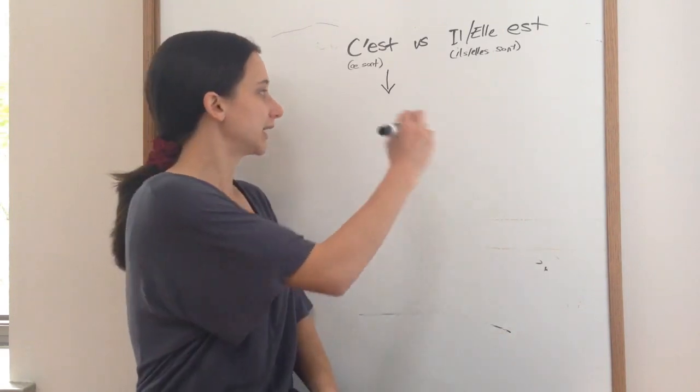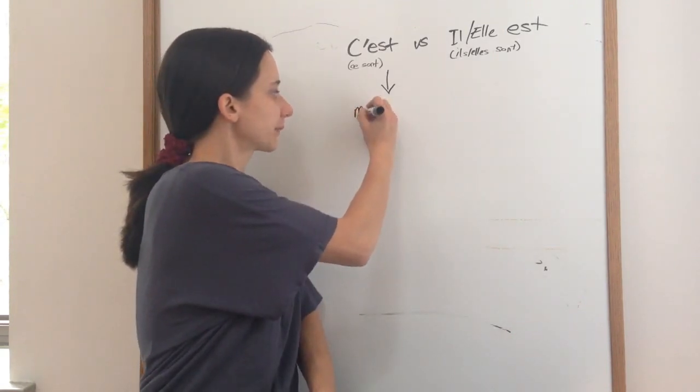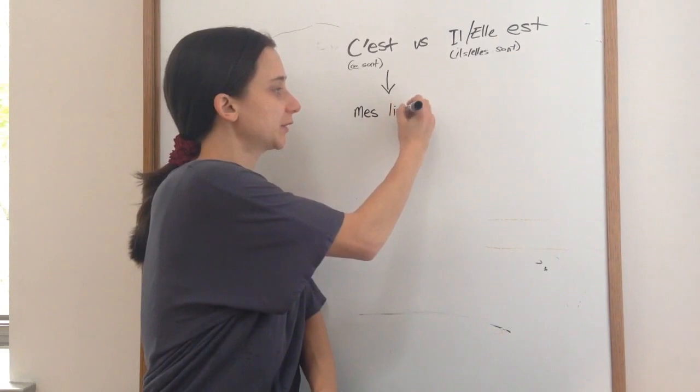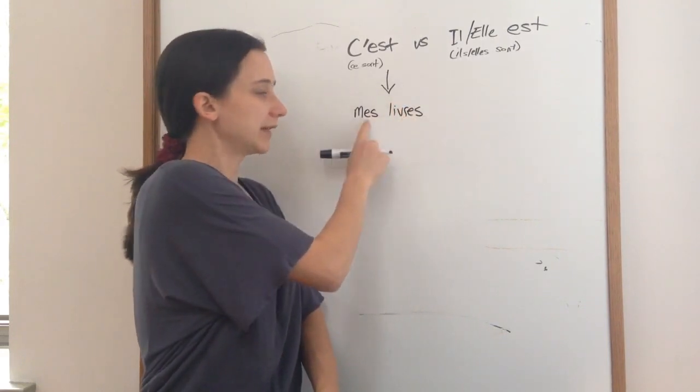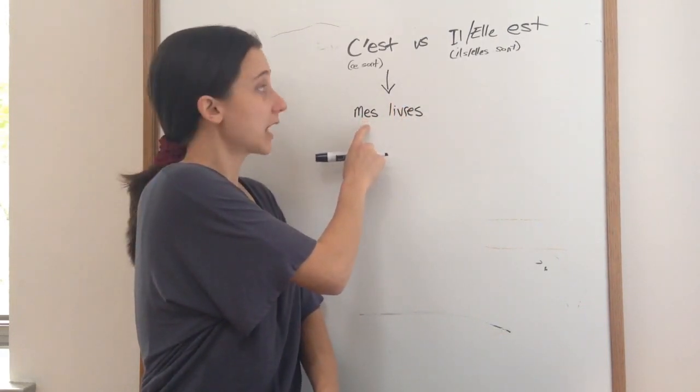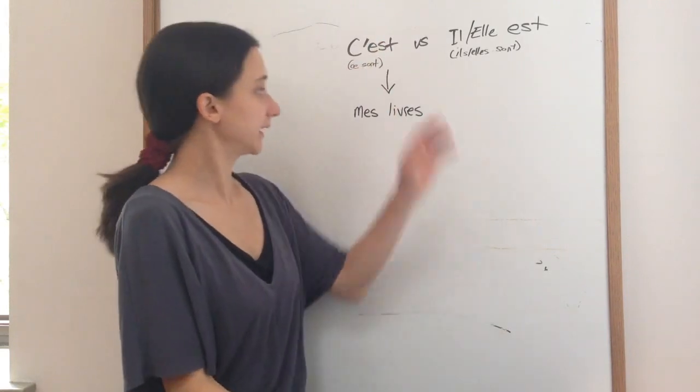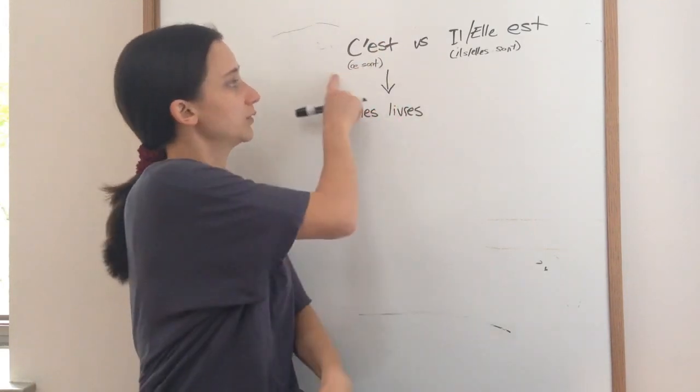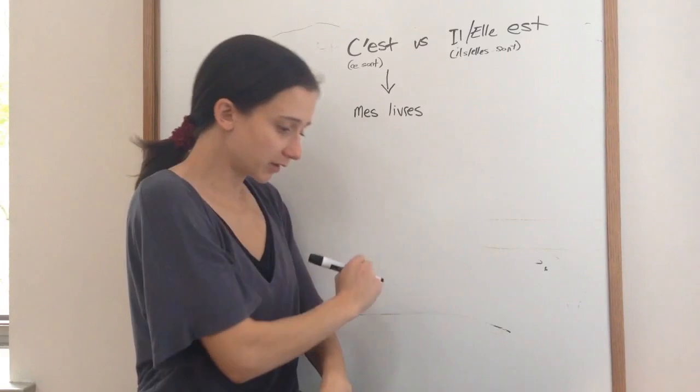So if you see a noun like mes livres, it's a noun that has a determiner before it. Often you're going to use c'est, like that's my, or you would use ce sont here, those are my books.